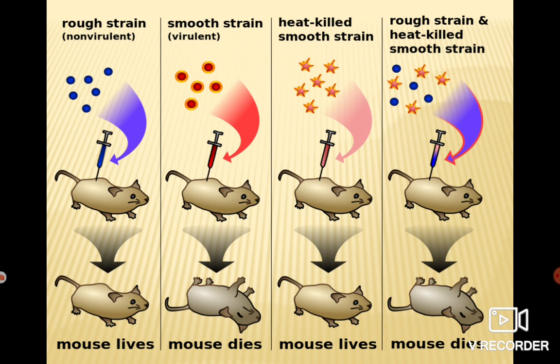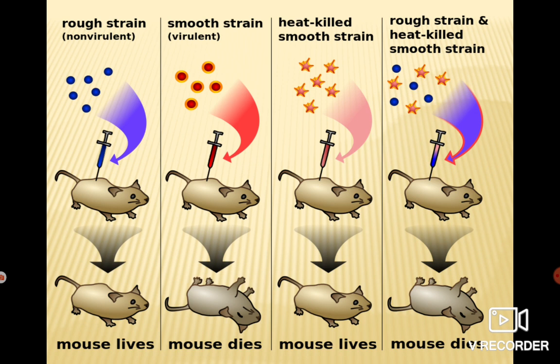When he injected the smooth strain, which is virulent or pathogenic, into the mice, they die. The reason was that they died due to pneumonia. Then in the third experiment, he injected mice with the heat-killed smooth strain. At that time, the mice live.